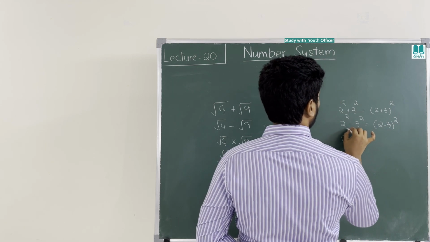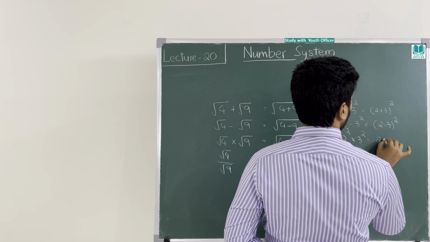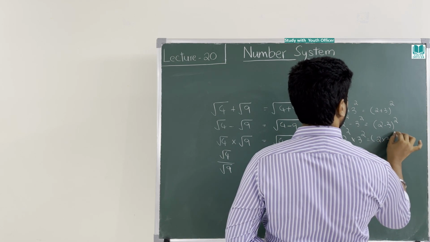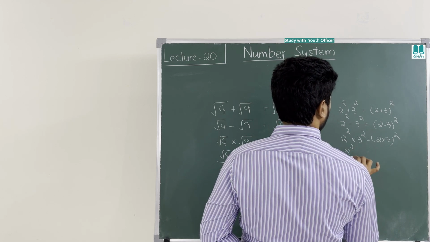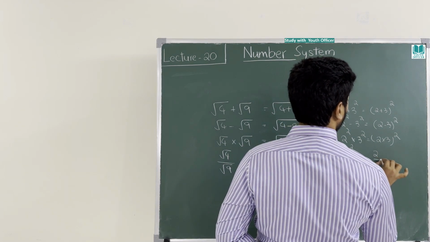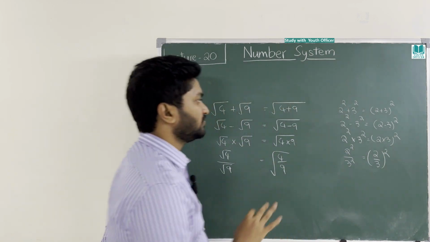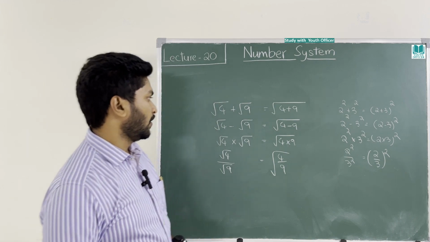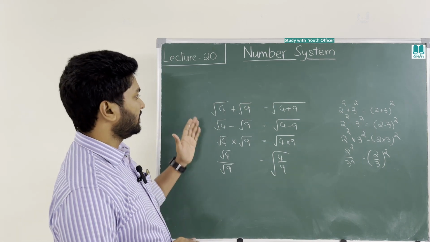Can we write 2 square into 3 square equal to 2 into 3 whole square? 2 square by 3 square, can we write it as 2 by 3 whole square? This also I didn't teach in Telugu medium class. Okay, fine. I am teaching you. I am very happy. Please come.